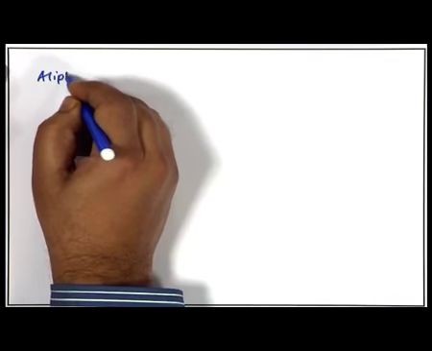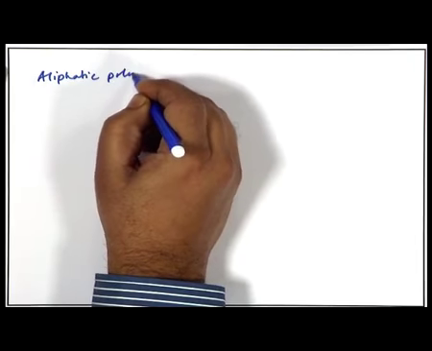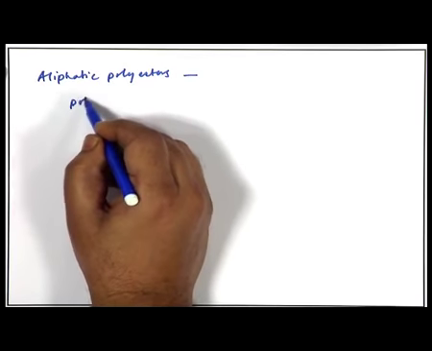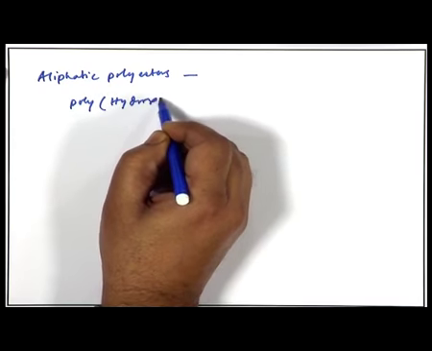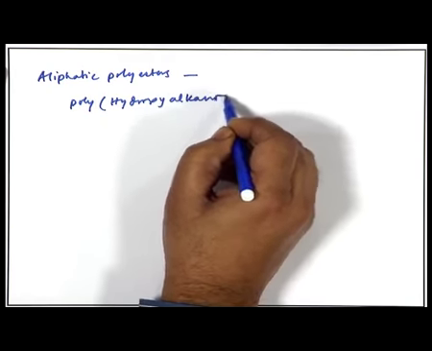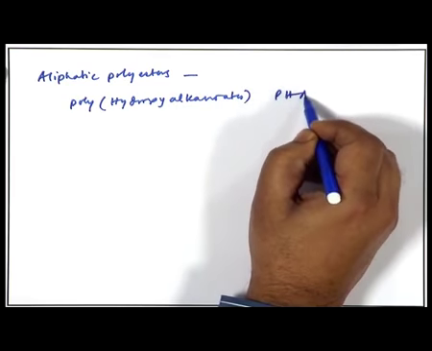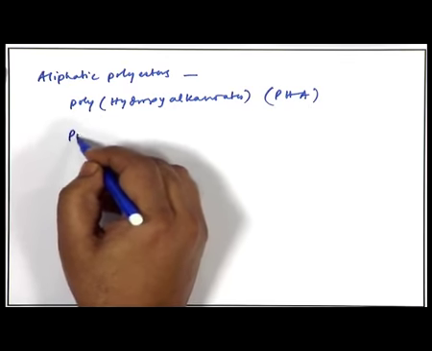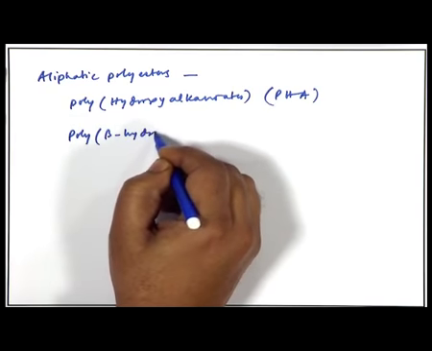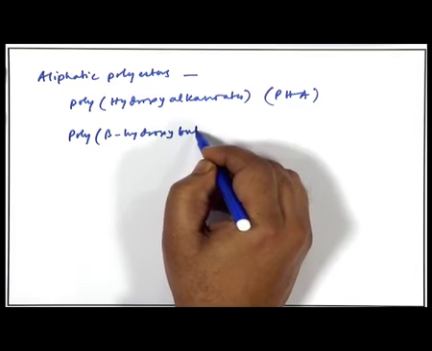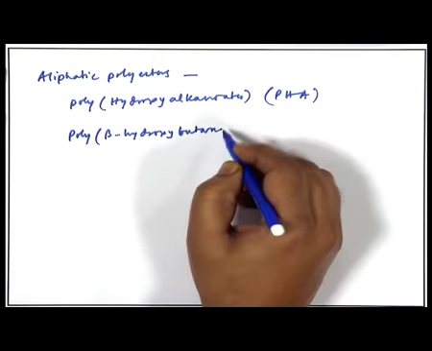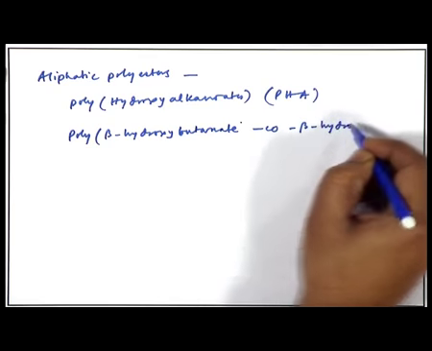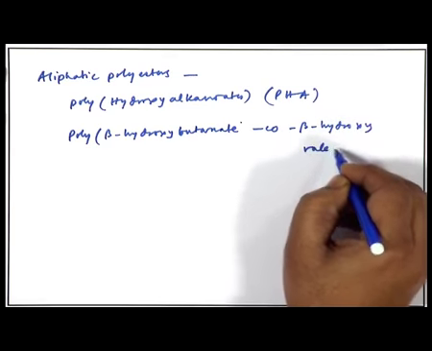Among synthetic polymers, the aliphatic polyesters are generally biodegradable. An example would be polyhydroxyalkanoates, or PHA in short, and an example is poly beta hydroxybutyrate-co-beta hydroxyvalerate.